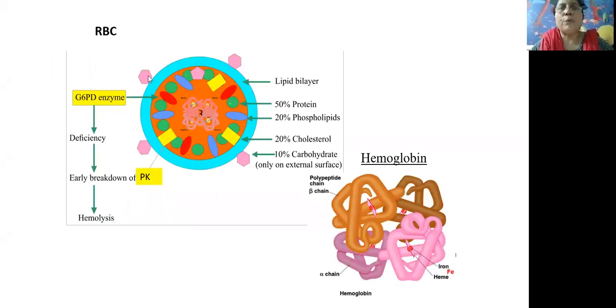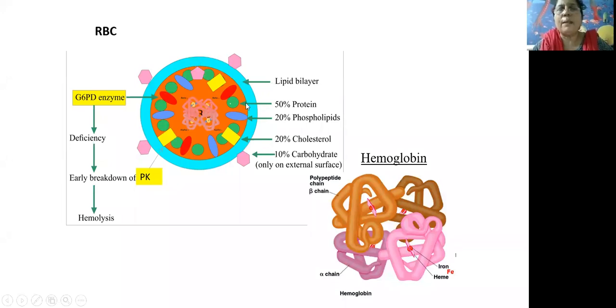So before going into the detail, RBC has a membrane and a cytoskeleton. This membrane, you see, is a lipoprotein membrane. In this lipid membrane, you have some proteins inside. They are called transmembrane proteins.